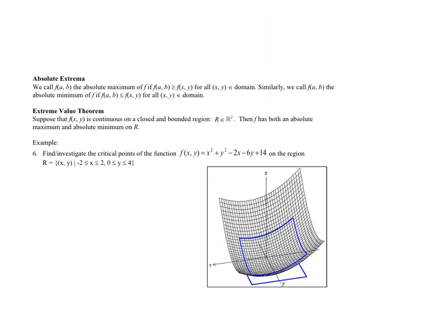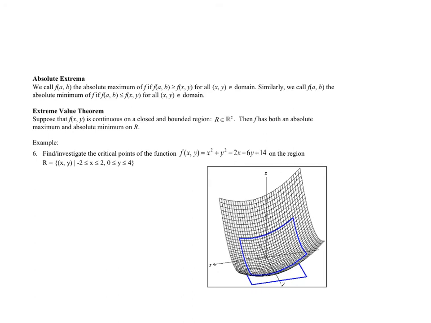absolute extrema, which kind of flows in the same sort of way, except you have particular bounds, all right? So we call f of a comma b the absolute maximum for all values in the domain. We also have f of a comma b being an absolute minimum, and really the notation is just saying that one point is higher than all other points in that domain.